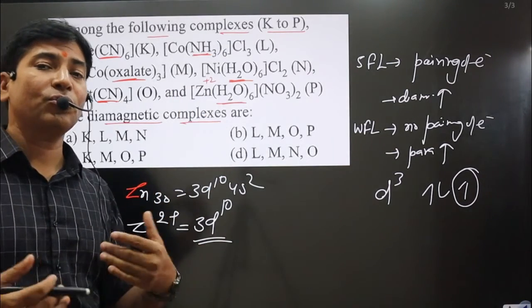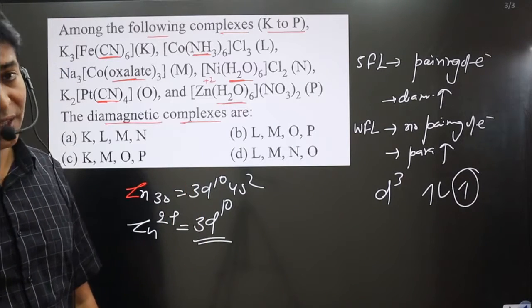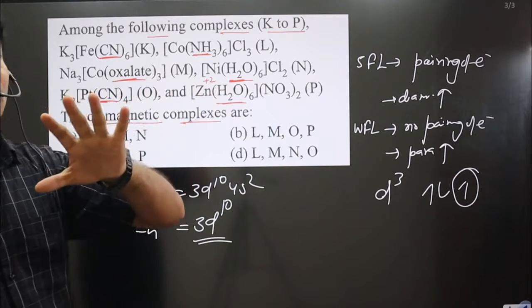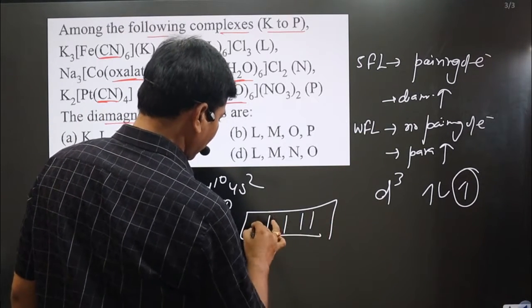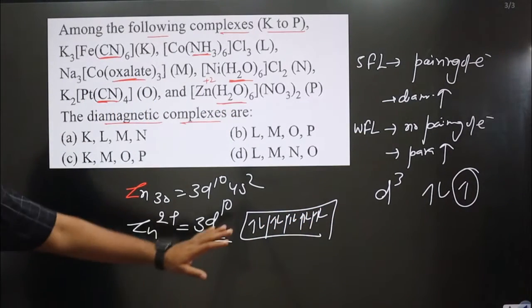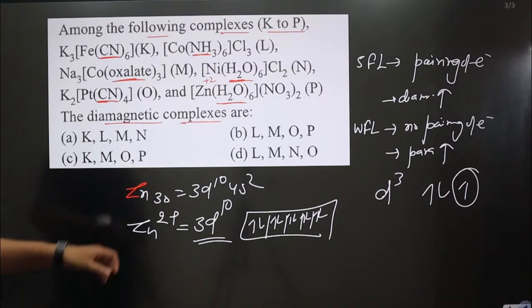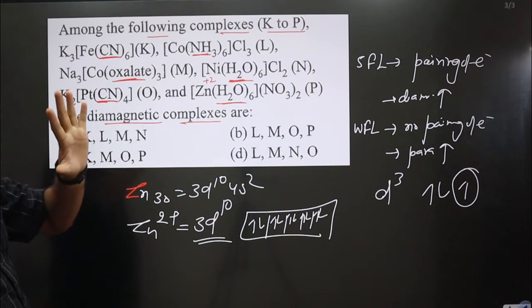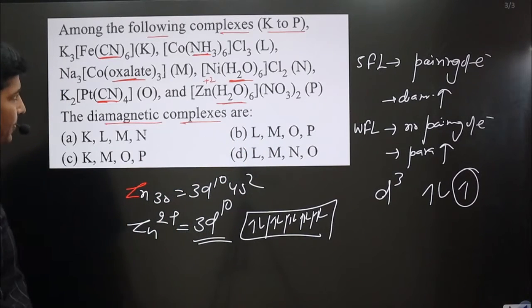So it doesn't matter whether a strong field ligand or a weak field ligand is there, the d orbital is completely tightly packed with electrons. Counting 1 2 3 4 5 6 7 8 9 10, whether singly filled or double filled, whatever you do, it will be completely packed. So this also shows diamagnetic character. Now you can see we got only one complex as paramagnetic, but in the options only four complexes are given here.